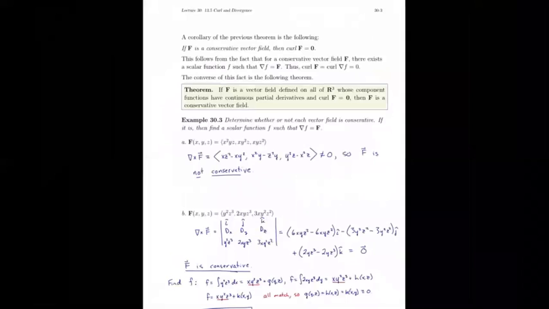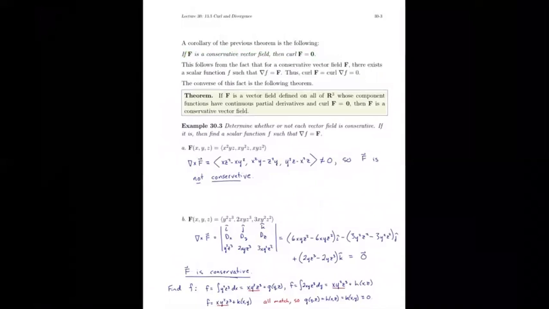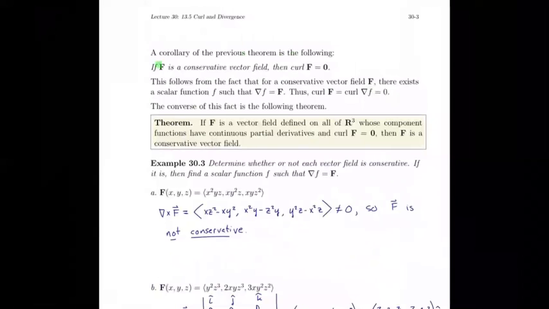We can use it to check whether or not a vector field is conservative. And recall that this is a corollary to the previous result. So if F is a conservative vector field, then the curl of F is equal to zero.